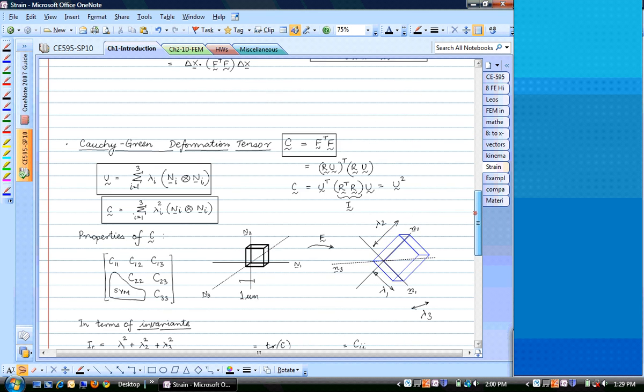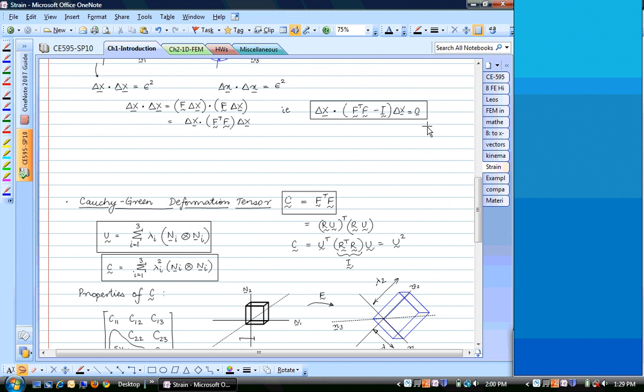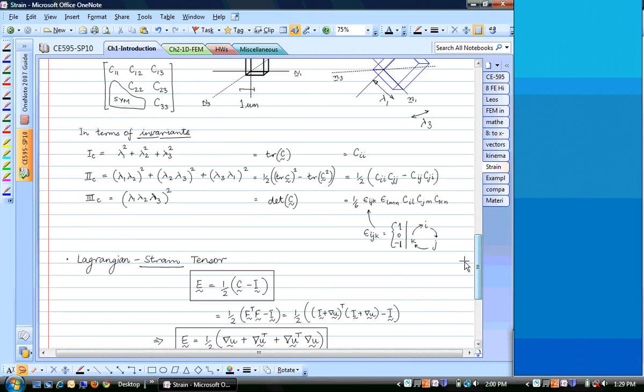This is coming from the definition that said this quantity must be equal to 0 if there is to be no straining. So if we take this quantity and define it to be equal to E, with a factor of a half, then this quantity is a measure of strain. This will try to measure the pure stretches only. It will not be affected by rigid body rotations or anything.